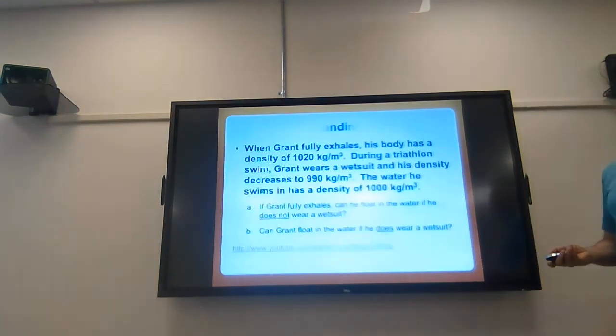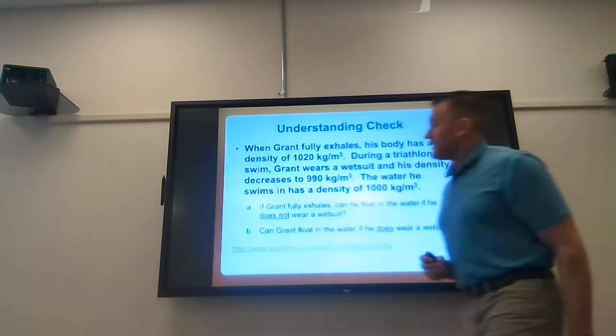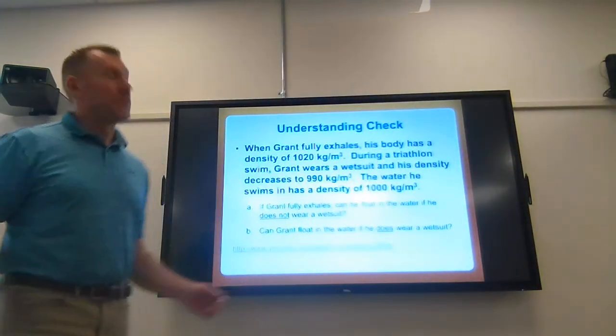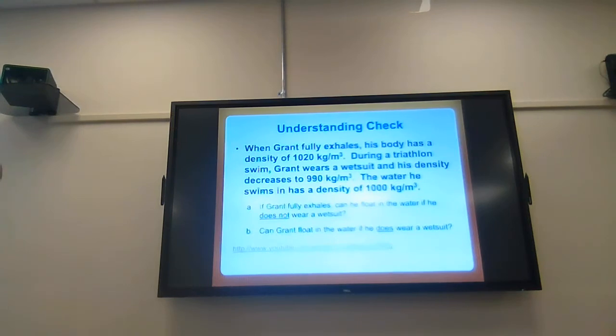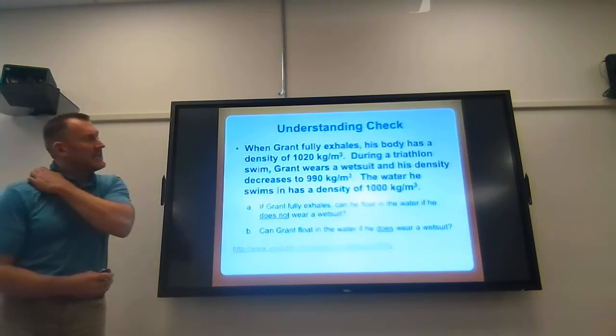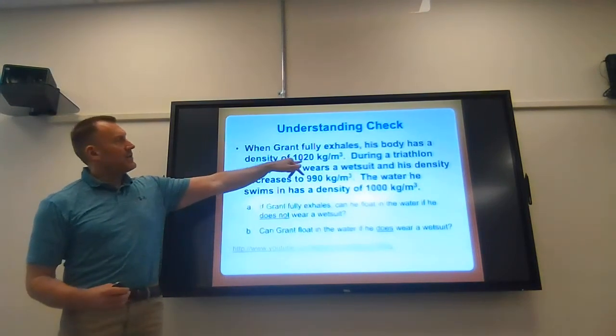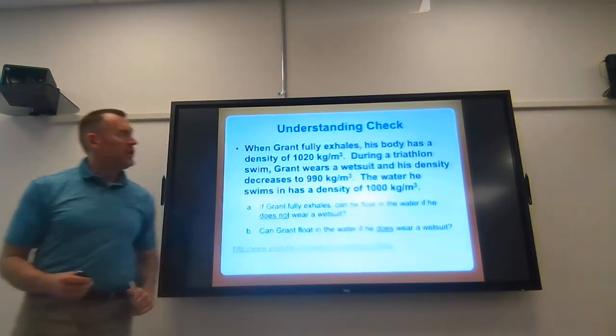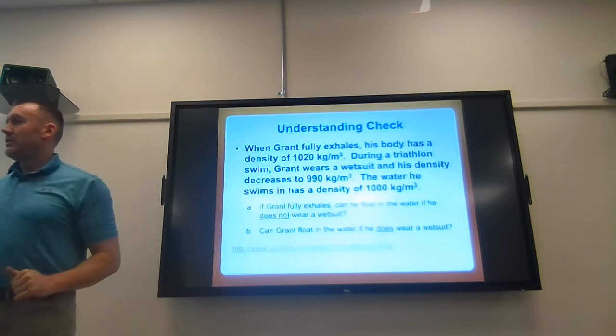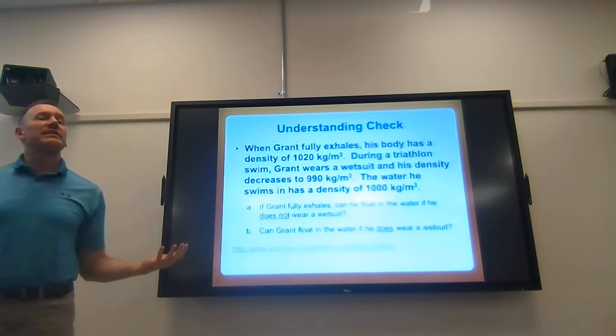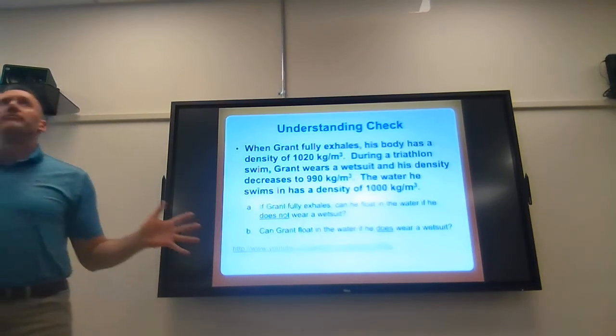So just take this problem and you can write on that sheet we're doing for today. When Grant fully exhales, his body has a density of 1,020 kilograms per meter cubed. Back up.